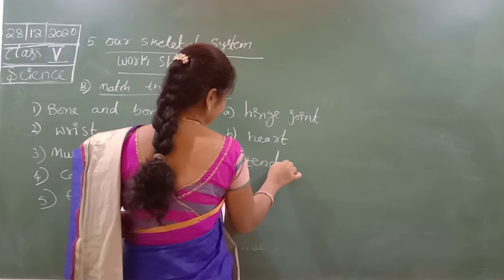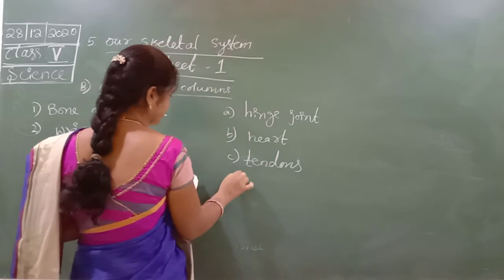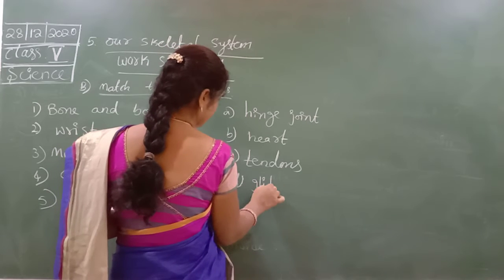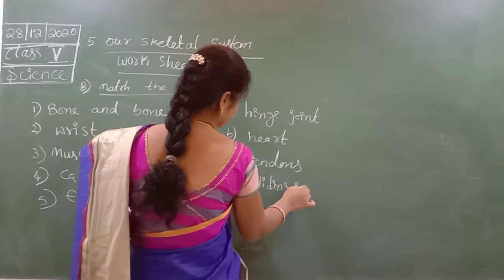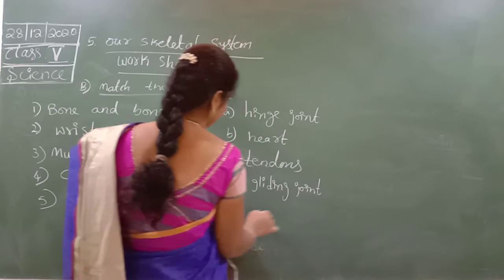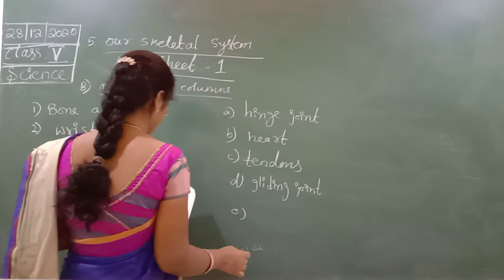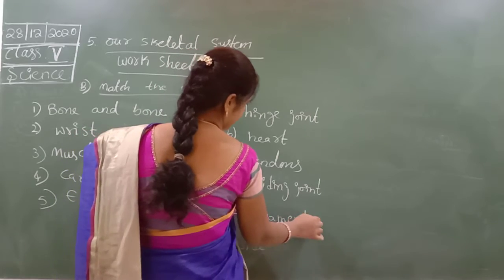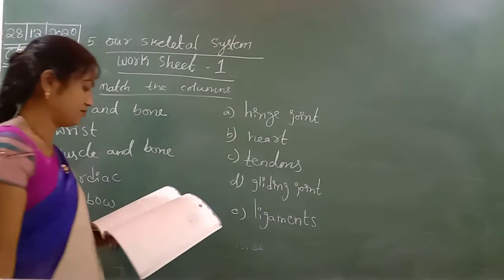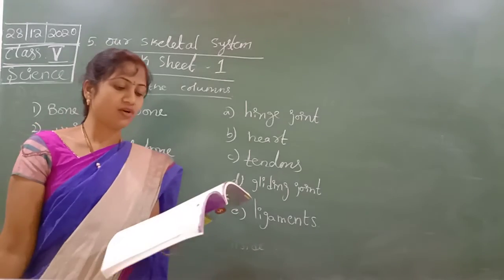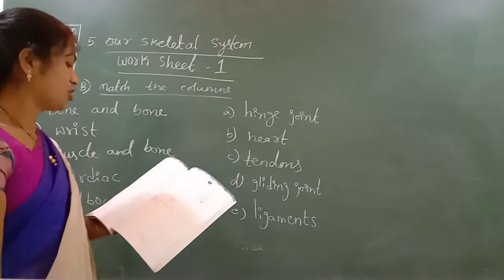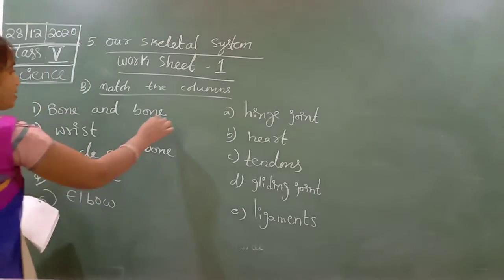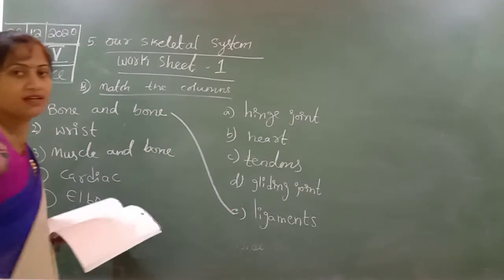Tendons. Gliding joint. Ligaments. Okay. So elbow, cardiac, muscle and bone, wrist, bone and bone. Bone and bone, ligaments. Okay.